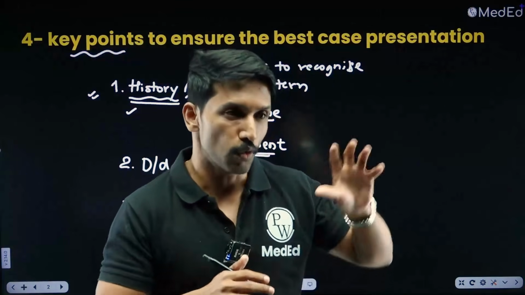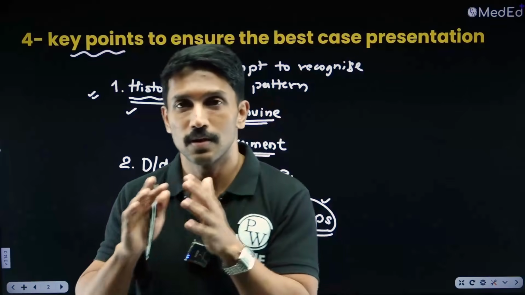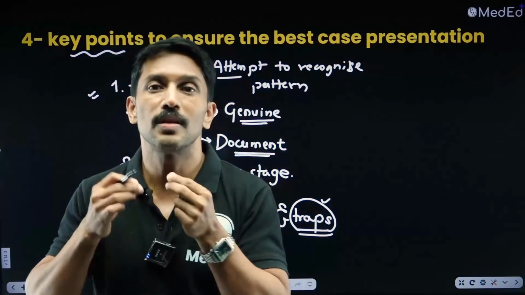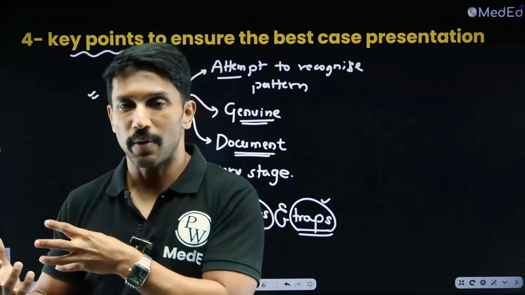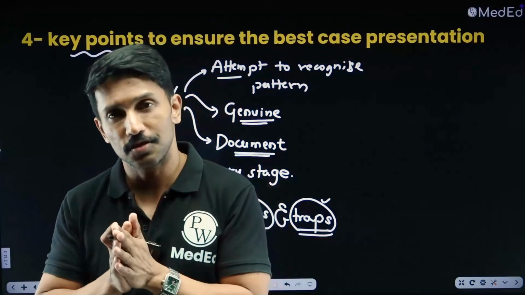Within the CNS, this is a motor system disorder, this is a sensory system disorder, this is a higher mental function disorder. Within the respiratory system, this is an upper respiratory tract disorder, this is a lower respiratory tract disorder. Within the lower respiratory tract disorder, this appears to be an airway disorder, this appears to be a parenchymal disorder. You're able to recognize these patterns from symptoms and history.